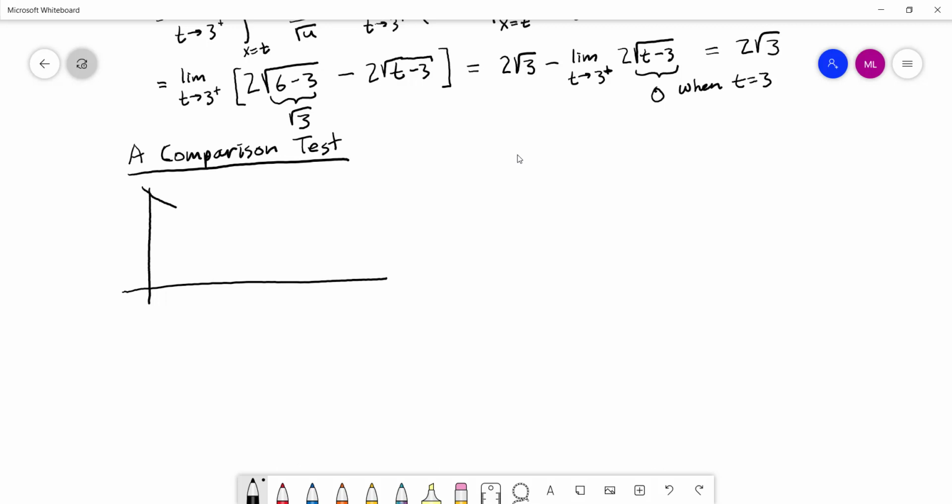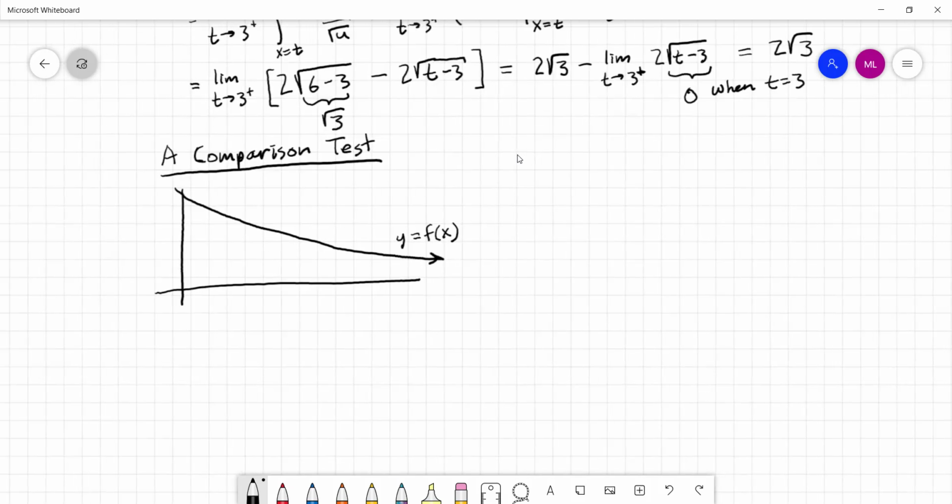If I've got a function that looks like this, y equals maybe f of x, and I've got some other function that can do whatever it wants as long as it stays below it.